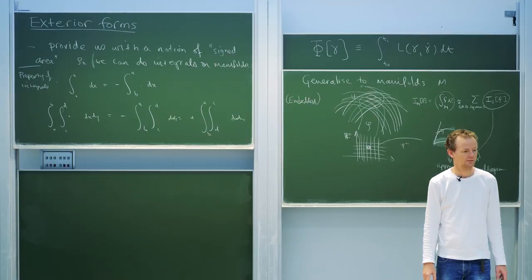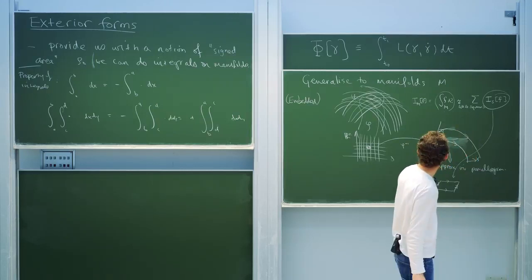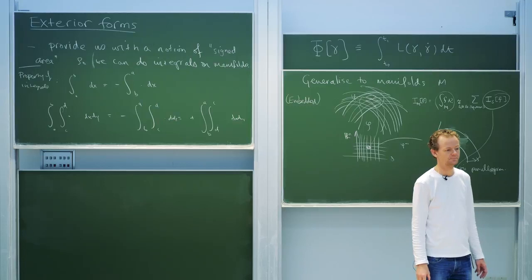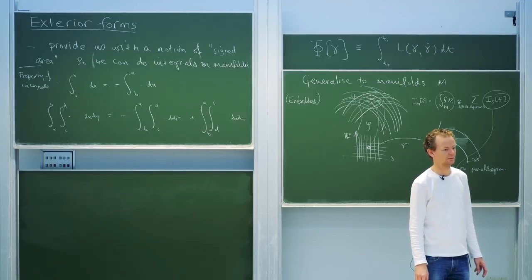You explained, not defined, but explained this integral over M by an integral over S. But for me, it looks like we kind of take the volume of S there and the constant in S. So this would be then the measure of S, right?